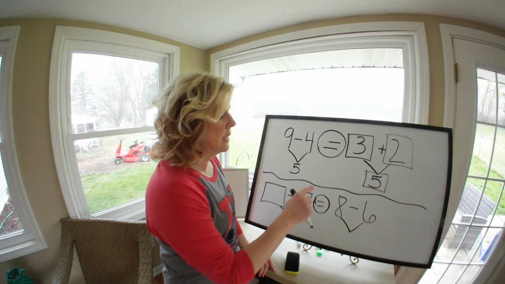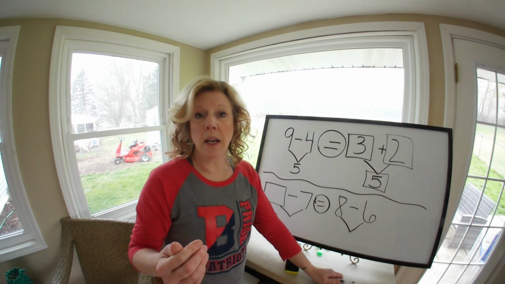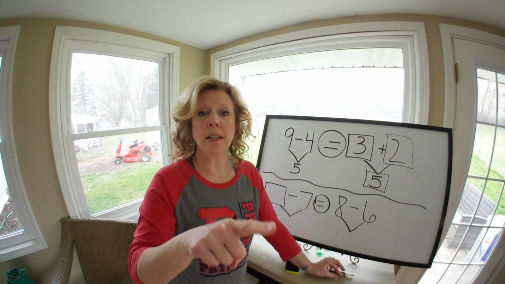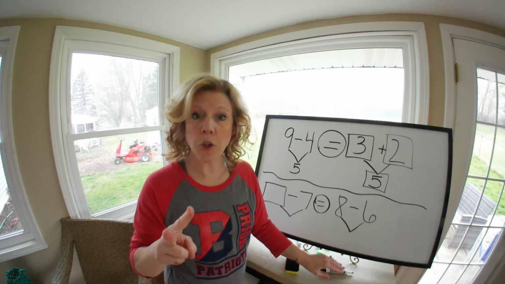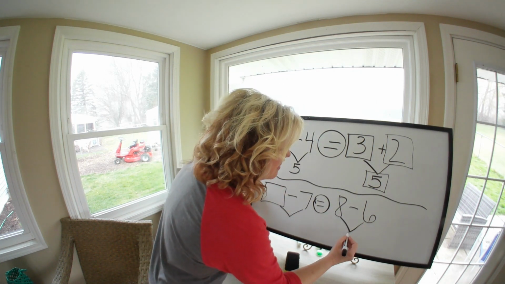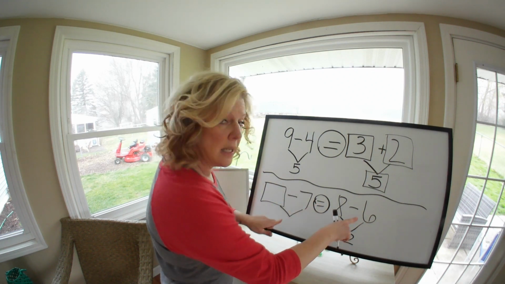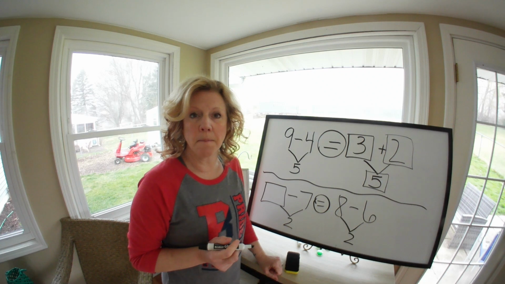So what I'm going to do is I'm going to solve 8 minus 6. Okay, so again, I can punch 8 and count backwards 6. So I have 8, 7, 6, 5, 4, 3, 2. I landed on 2. So 2 is my answer here, which means because everything has to be equal, 2 has got to be my answer here.